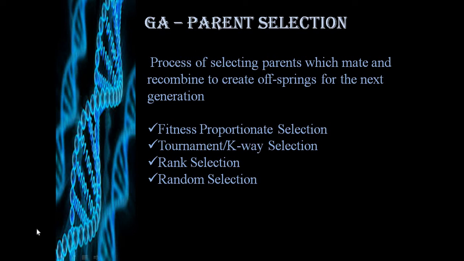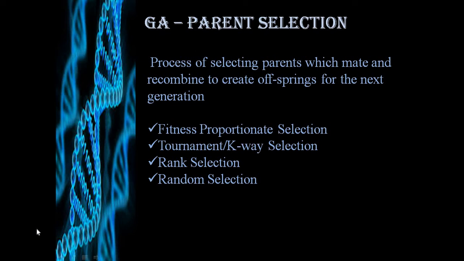First is the fitness proportionate selection. Fitness proportionate selection is the most popular way of parent selection. In this selection method, every individual can become a parent with a probability which is proportional to its fitness. Therefore, fit individuals have a higher chance of mating and propagating their features to the next generation.